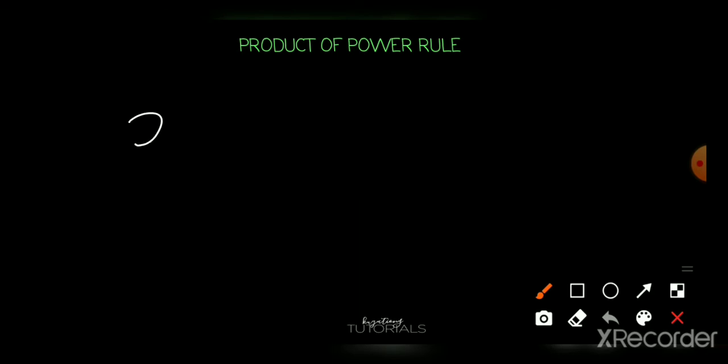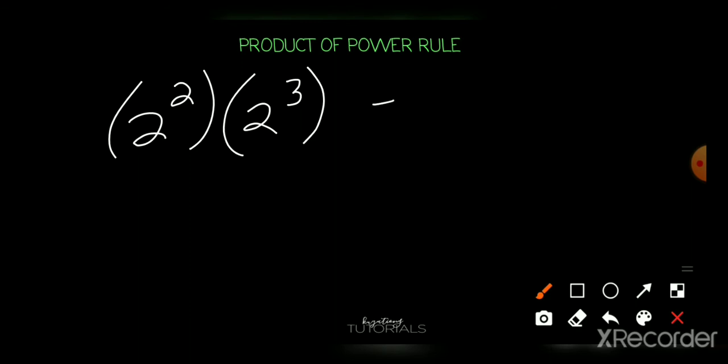So, let's have 2 to the power of 2 times 2 to the power of 3. Since they have the same base, 2, what we do is copy the base, 2, then add 2 plus 3, which is 5. So 2 to the power of 5.